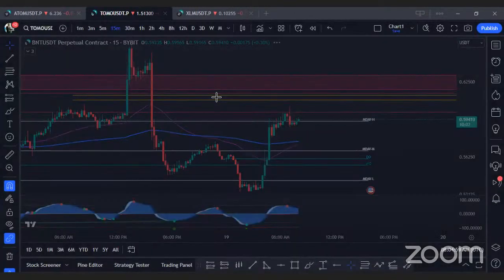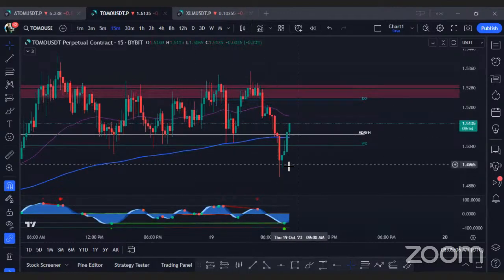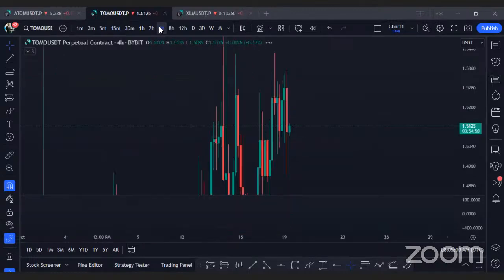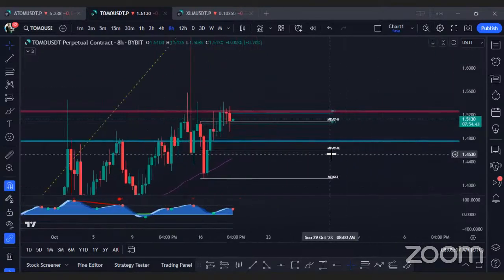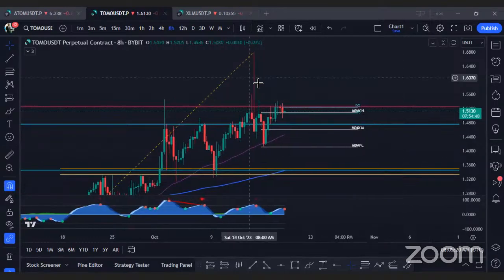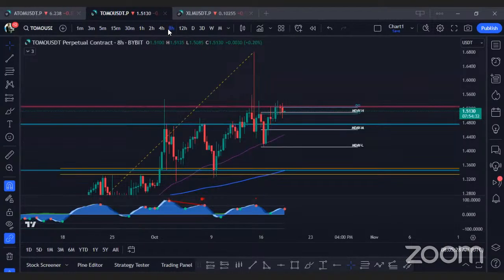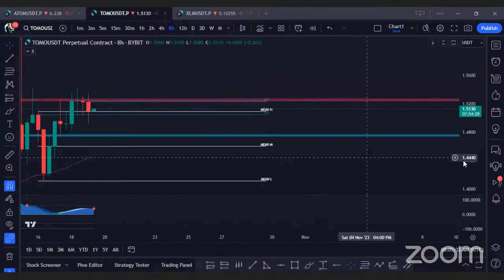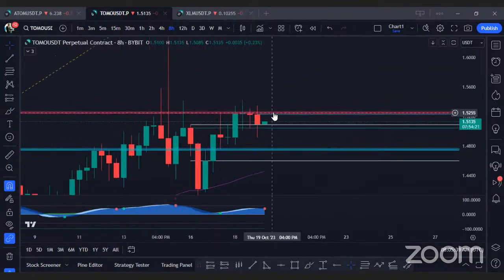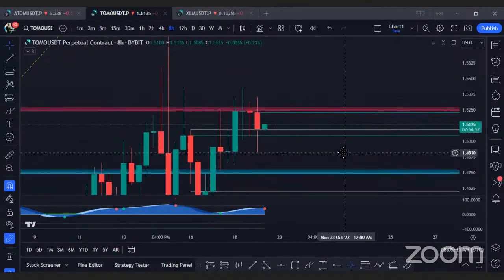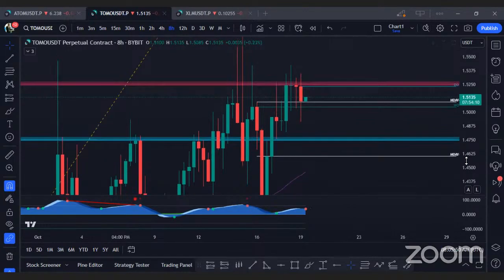YGG. Oh, TOMO. Look at that. Okay, so for TOMO, I think you should be looking for more short at this area of $1.52, $1.53 level.